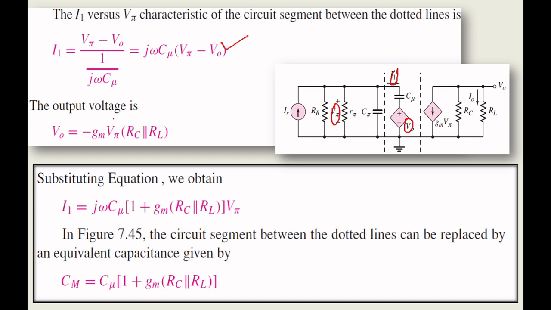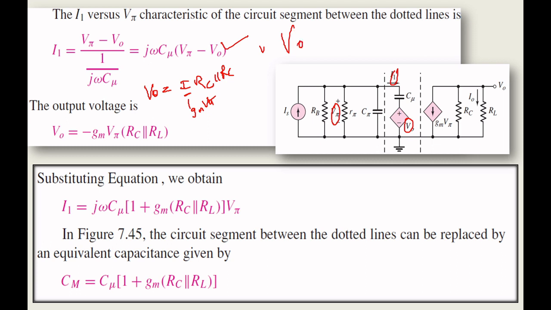Now I want to find the output voltage. You know output voltage equals V naught equals I times R. When you take this V pi as 0, this also will become 0, and the output resistance will be RC parallel to RL. So that is your output resistance, RC parallel to RL. Your current will be gm times V pi, so that is your output current.